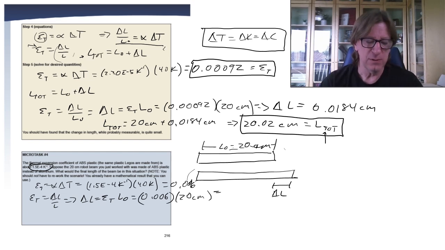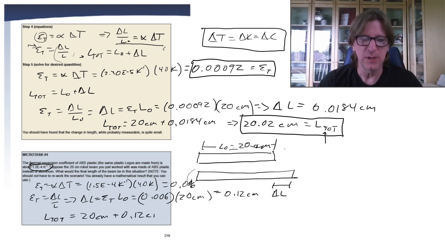Put that in your calculator, times 20, and we get 0.12 centimeters. And so my final total length after the expansion is going to be 20 centimeters plus 0.12 centimeters, which says that L total is now going to be 20.12 centimeters.